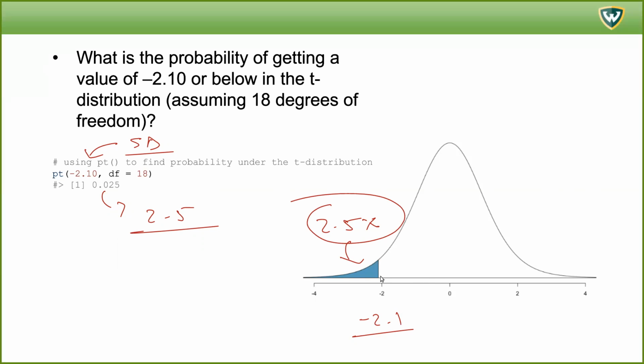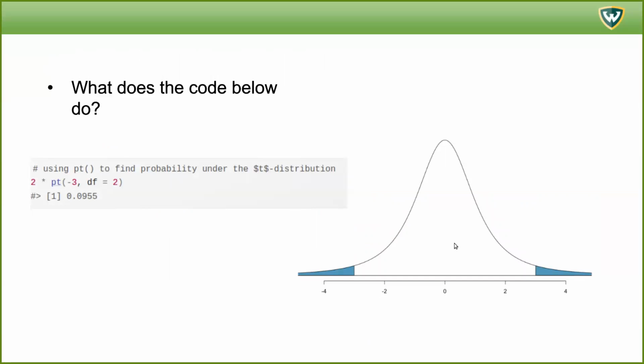So there's a 2.5% chance, which is the area under the curve, that the values in the t-distribution where degrees of freedom equals 18 are less than or equal to negative 2.1. We'll also then use real examples where we're not just using generic standard deviations but the actual mean, and hopefully this will help clarify this concept.